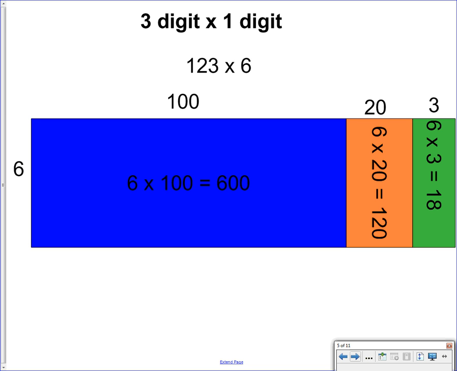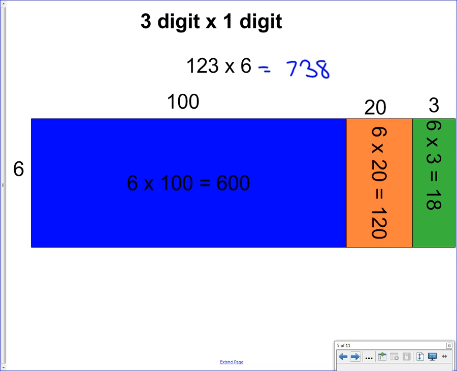Yeah, it comes into play here. So really, our multiplication problems are 6 times 100, which equals 600, 6 times 20, which equals 120, and 6 times 3, which equals 18. When I add all those up, I get 738.